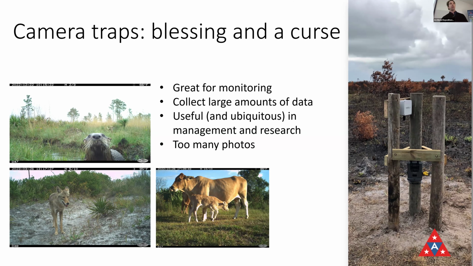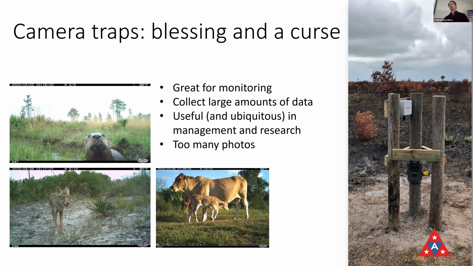So as I said, they're a popular and cost-effective tool for monitoring animal populations. They help you evaluate animal behavior and study ecological processes that influence populations. But to answer a lot of these kinds of questions, you may need a year or more of data.